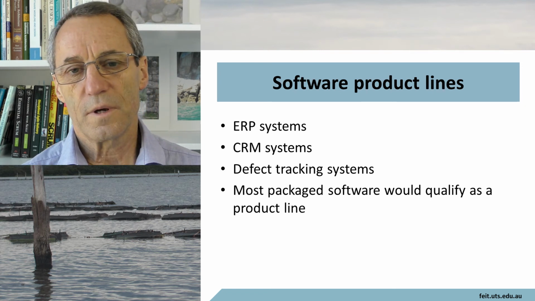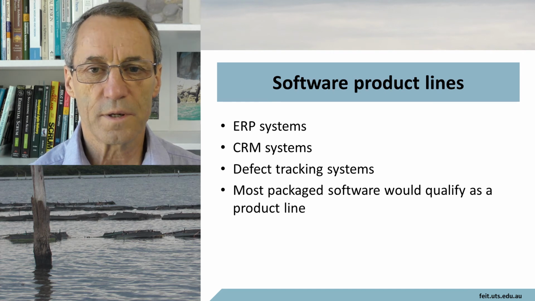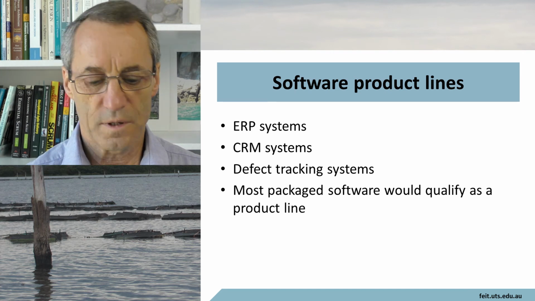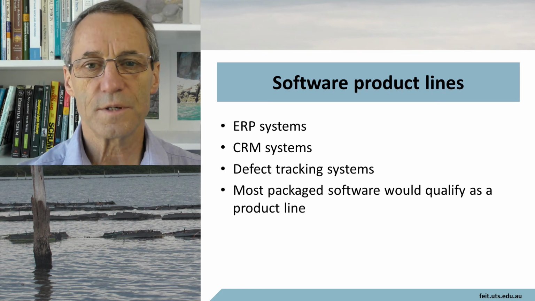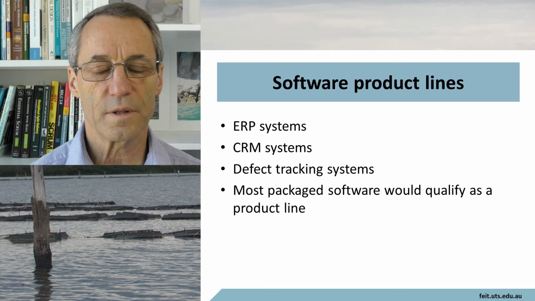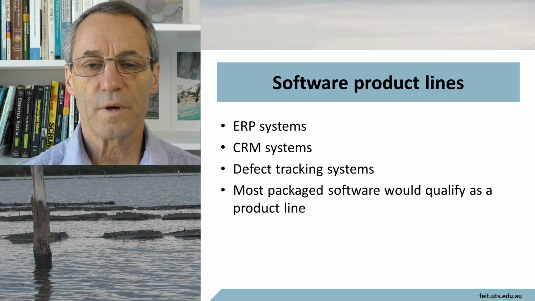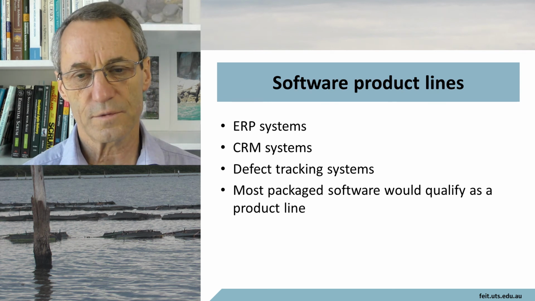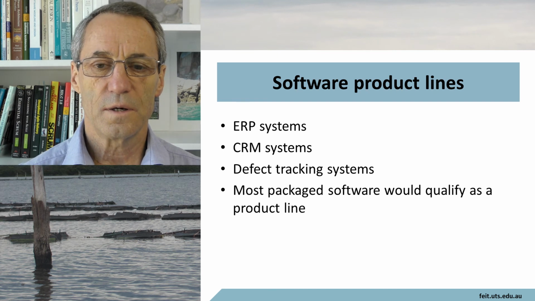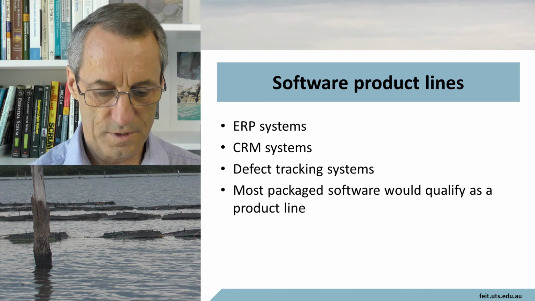Now, in software product lines, we can have the ERP, the Enterprise Resource Planning systems. We can have customer relationship management systems. They tend to be a kind of a product line. They're aimed at this same problem that all organizations will have, and it's same enough over enough organizations that it can be tailored to any particular organization simply by changing a few things.